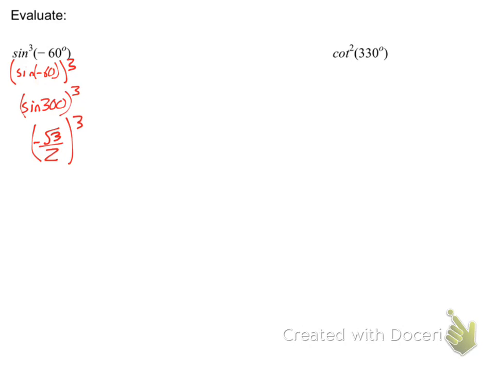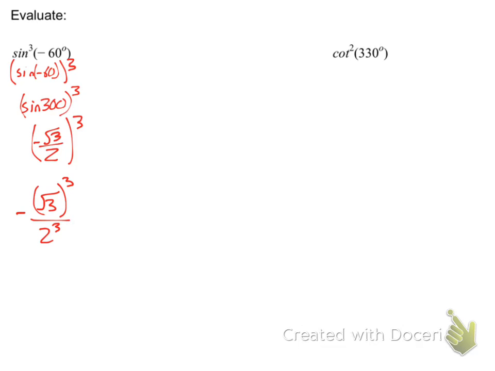Okay. In other words, I can cube the top and cube the bottom. Notice that a negative times negative is still negative. So I can bring that negative way out front if I really felt like it. Wouldn't that be the square root of 3 cubed over 2 cubed?